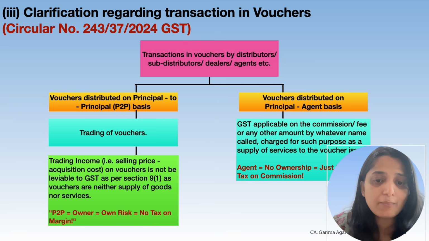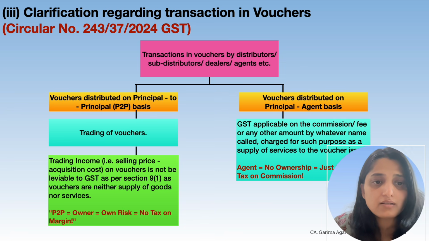So there is a complete transfer of title. But in principal to agent transfers, the ownership never passes. The ownership always remains with the principal, and the risk always remains with the principal. The agent only gets some sort of commission or fee for the services they have provided.